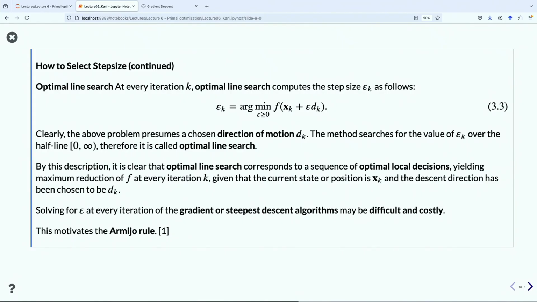Now, we did constant step size because it's computationally inexpensive and easy to code up. But if we are feeling up for it, we could choose something more advanced. Namely, we could look down the direction, and if we look down that line, we'll see a parabola.